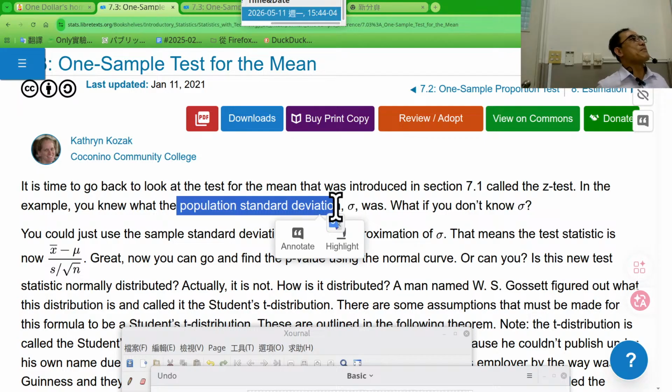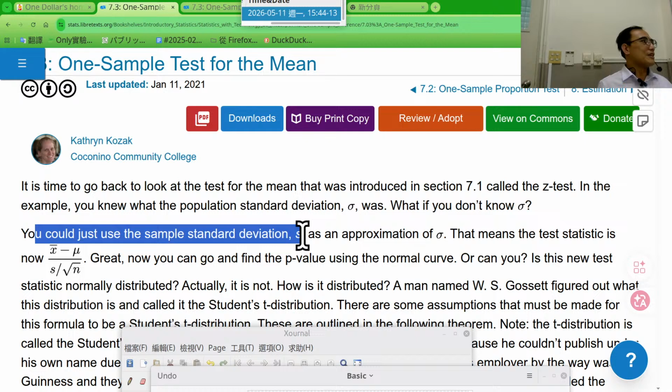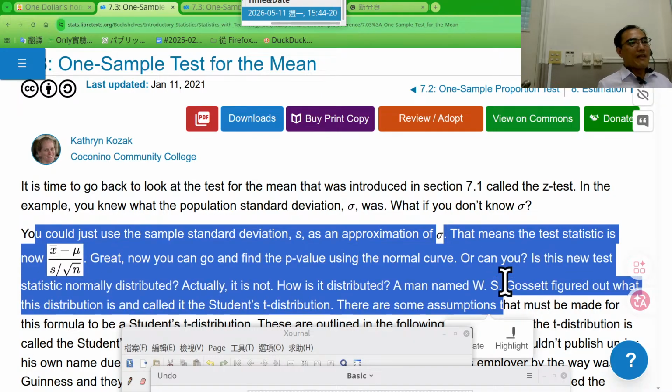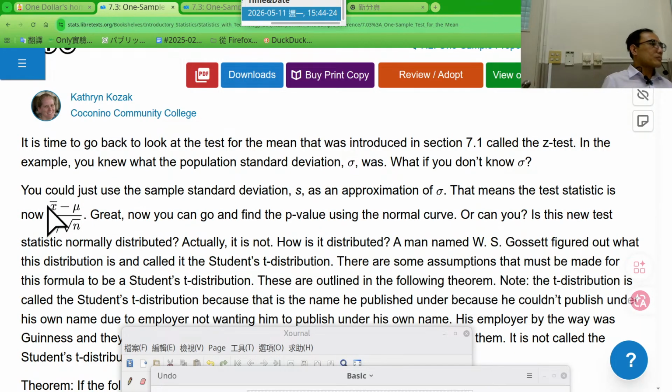Now you can use the sample standard deviation S as an approximation of sigma, and that means the test statistic is now x bar minus mu divided by S divided by the square root of n.